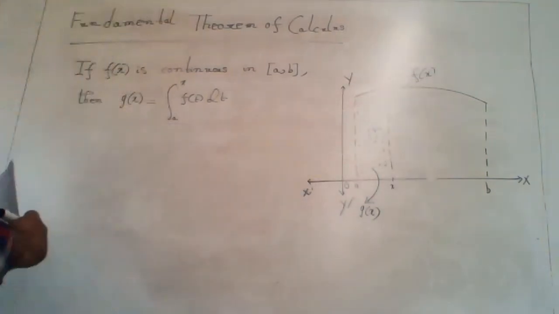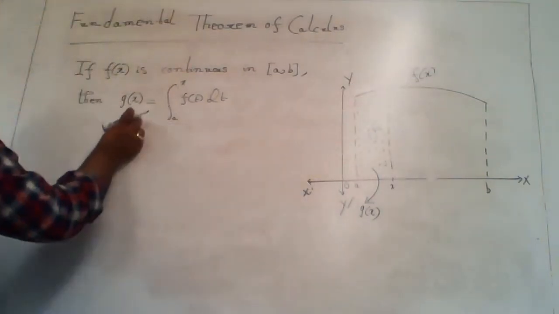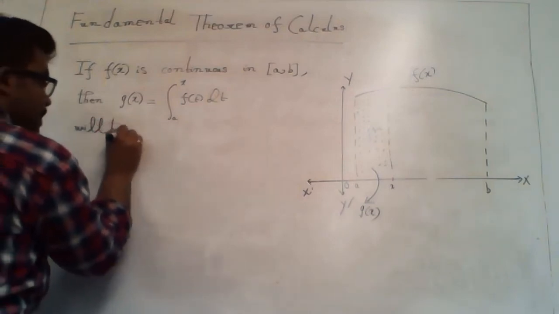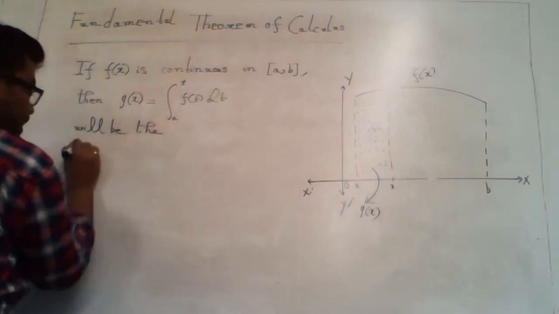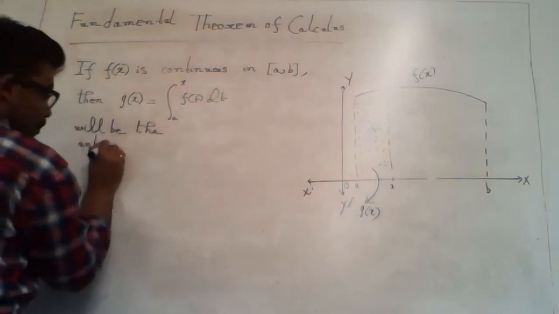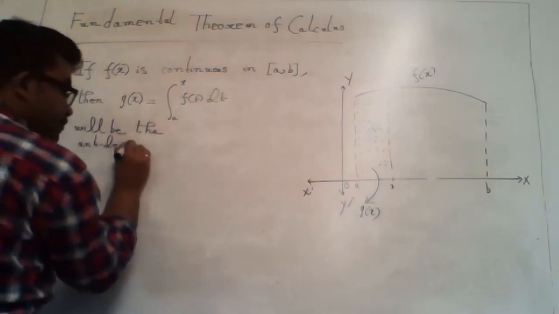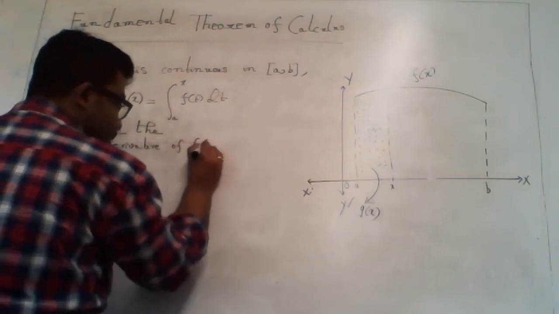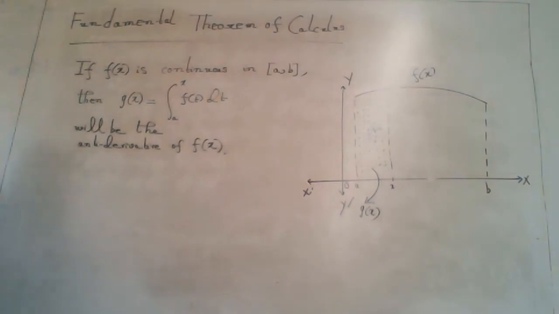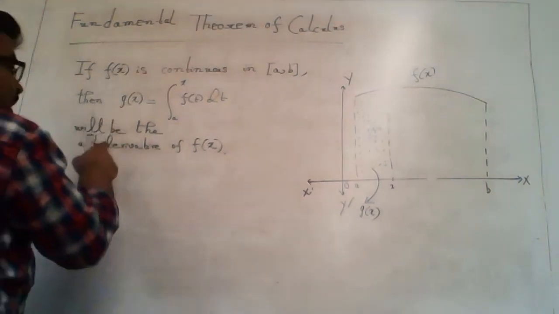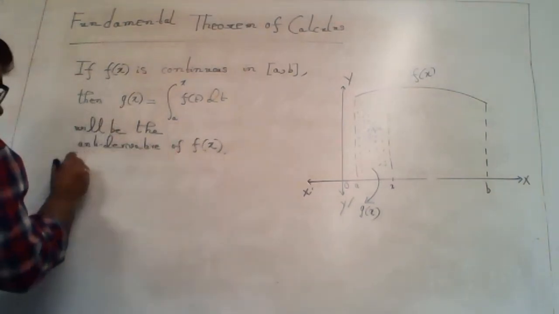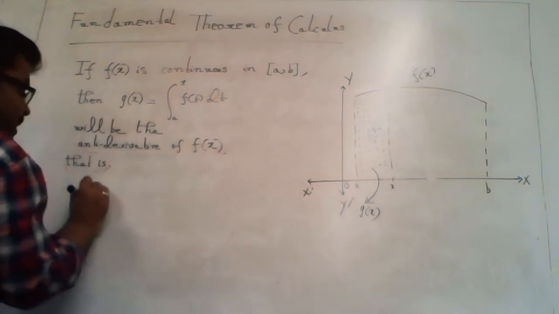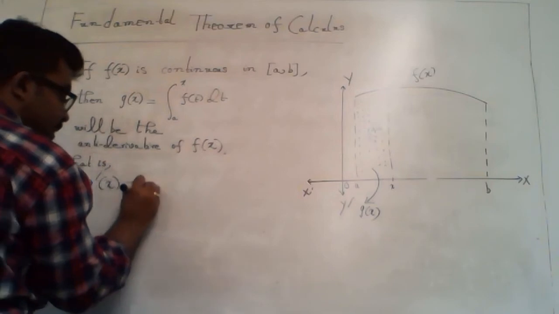Then this function g(x) will be the antiderivative of f(x). What does this mean? That g(x) is the antiderivative of f(x). This means that if I compute the derivative of g, that is g prime of x, I get f(x).